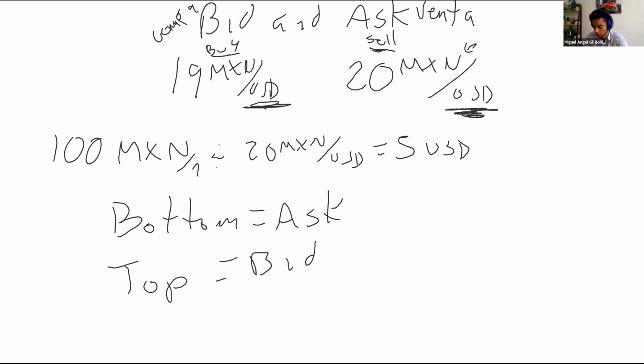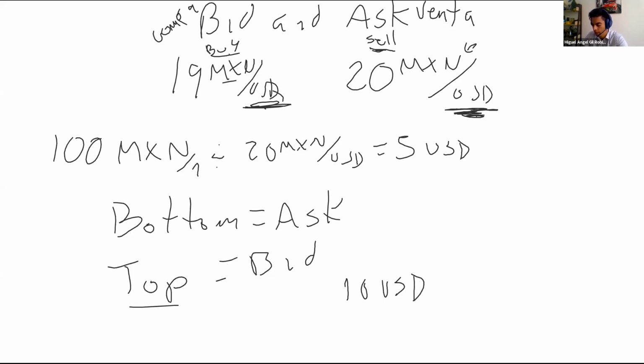So let's change the perspective of the problem. Now let's assume that you have $10 and you want to buy pesos. Which is the currency that you need? The one on the top, right? Because you have dollars and you need pesos. If you need the one on the top, you use bid. That's one way to look at it. But the other way to look at it is, I have dollars and the bank is buying dollars at the price of 19.